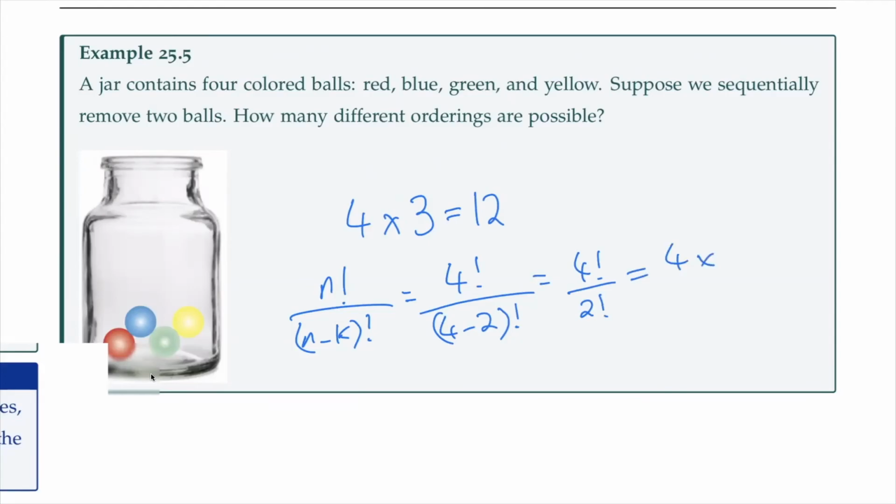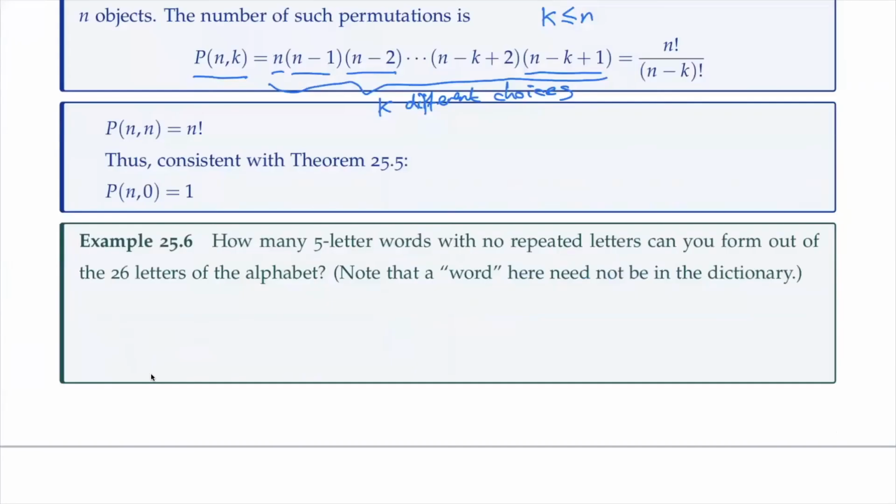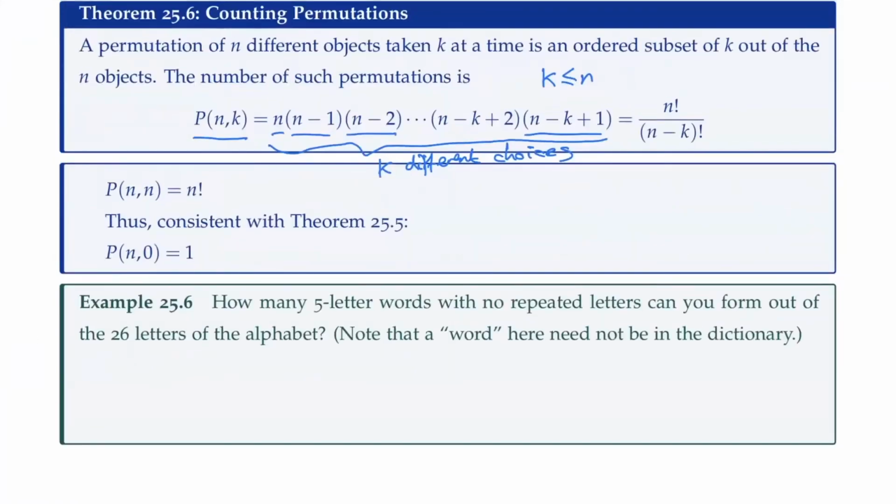This is 4 times 3 times 2 times 1 over 2 times 1. You see that this bit is going to cancel with this bit. So we just have 4 times 3, which is 12. So this is the same answer that we had before. So this is our permutations as a general formula.